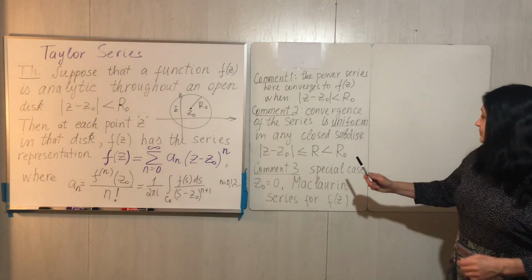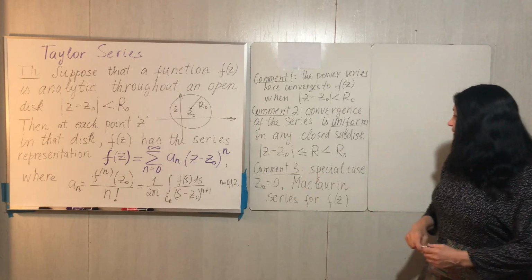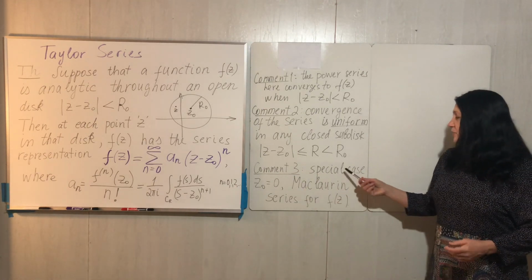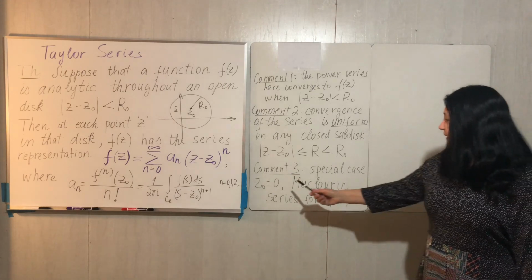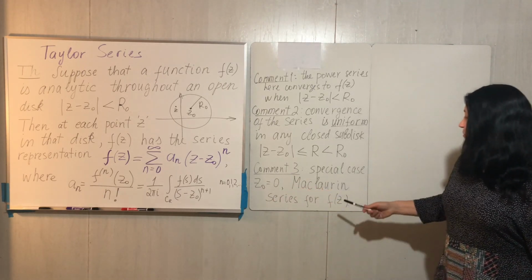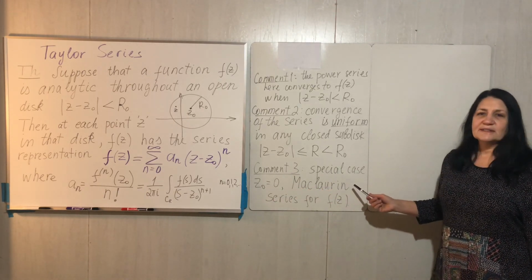And then the third comment: there is a special case, as you know, when z sub 0 is 0, then we have a Maclaurin series.